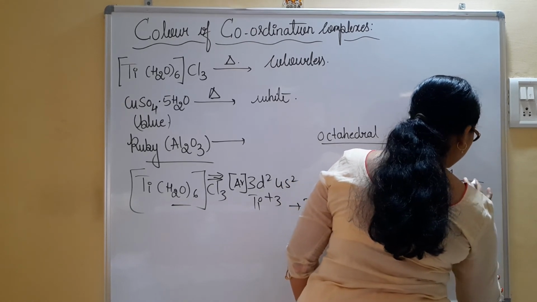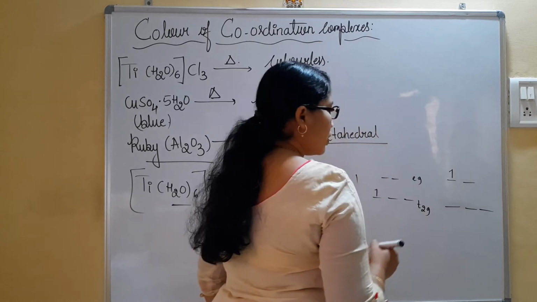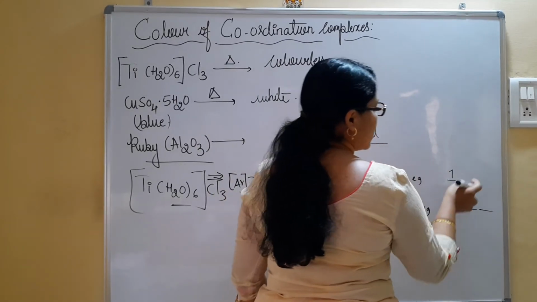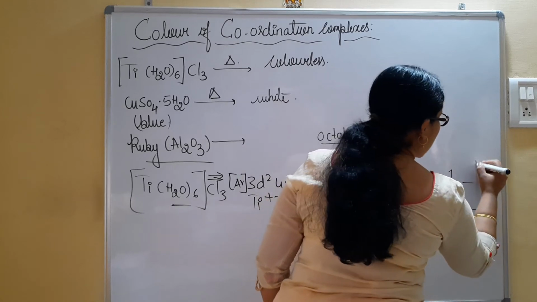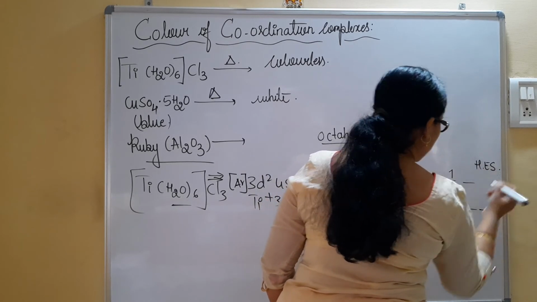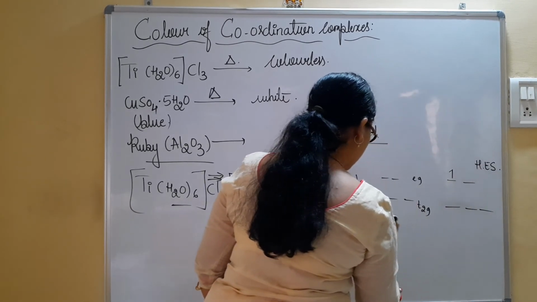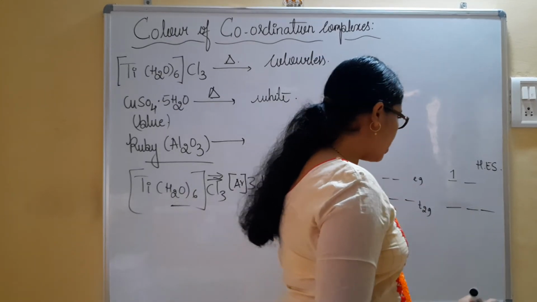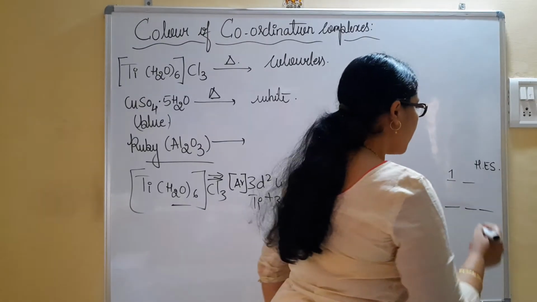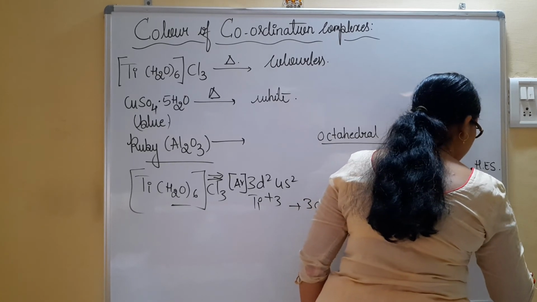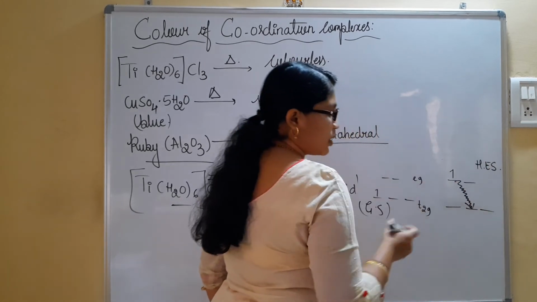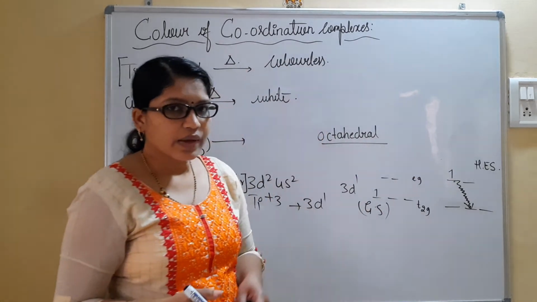When it absorbs a certain amount of energy, it moves to a higher energy state. It is unstable. This is the higher energy state and this is said to be the ground state. When the electron moves from the ground state to the higher energy state, it will be unstable here and it will come back to the ground state. While coming back to the ground state, it releases a certain amount of energy.